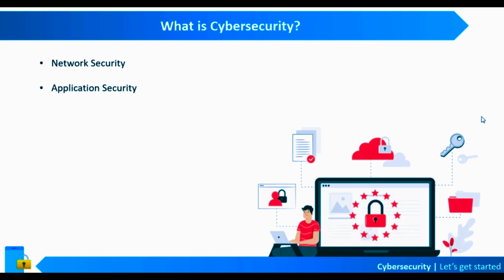If you're using an e-learning app, that e-learning app is going to store your data. So in order to protect that data, the application must be protected. So application security basically deals with all the factors that are required for an application to be completely secure and which can help to secure the data of the users.